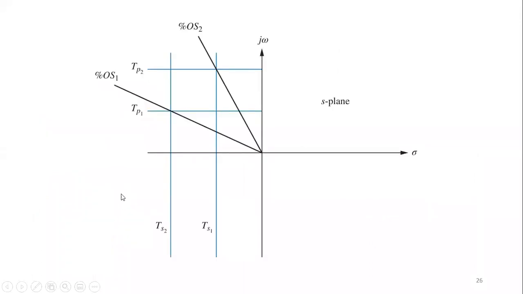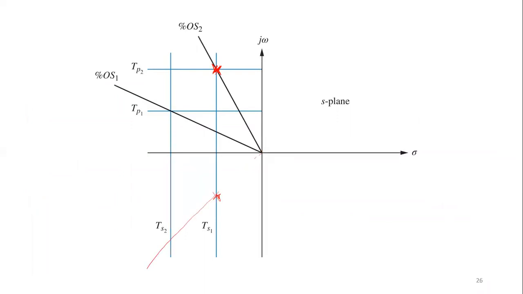Also, this one explains it. It shows that, for example, you have a pole here, and another pole here.